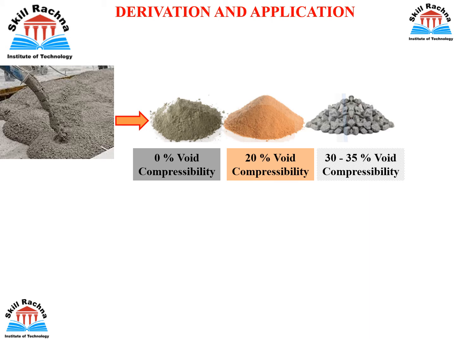Generally we have a practice of taking 34% compressibility for coarse aggregate. If I add all three, I get a value of 1.54.